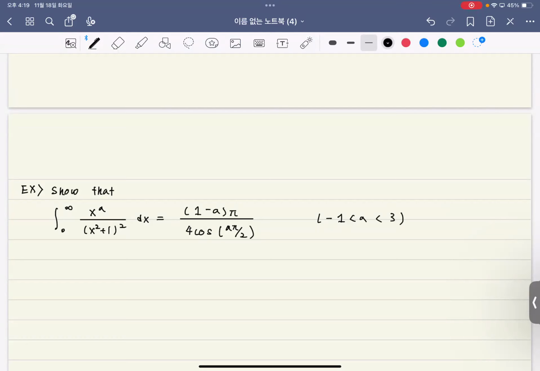Since we are in the section on residue integration, I feel I will need to apply some trick from residue integration. So maybe, and this is a huge maybe, I want to set my function f of z to be z to the a over (z squared plus 1) everything squared.